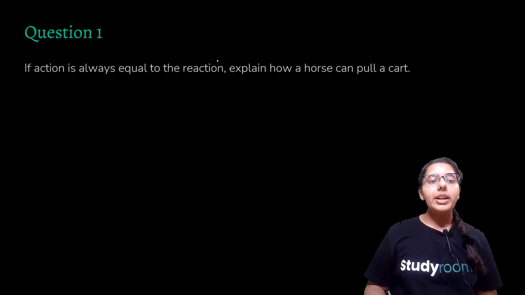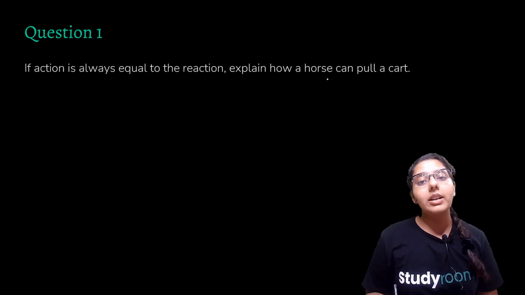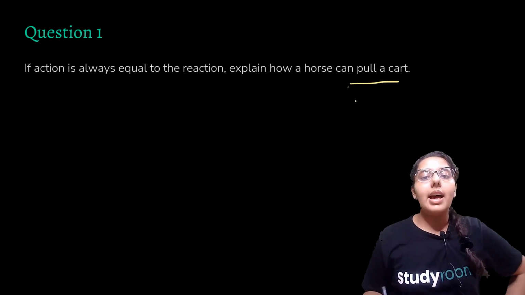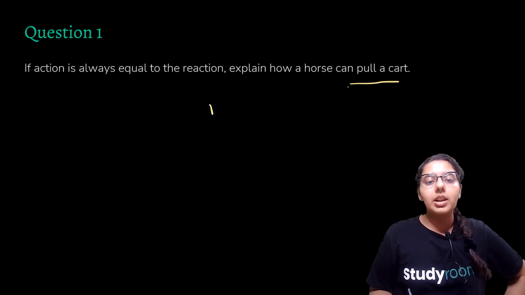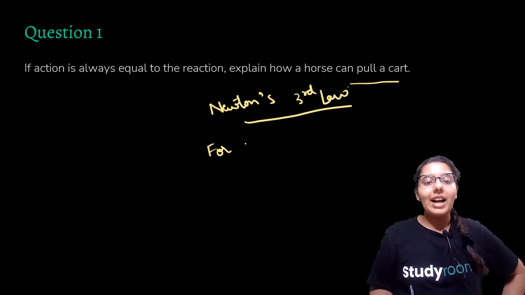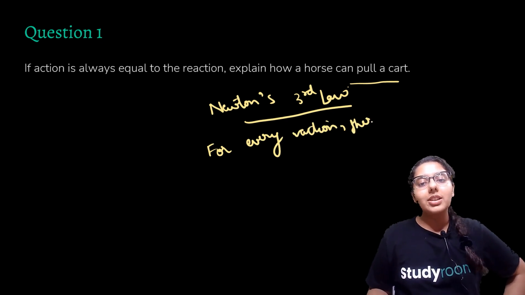Let's do this question. If action is always equal to reaction, explain how a horse can pull a cart. So we know from Newton's third law that for every action there is an equal and opposite reaction, correct?